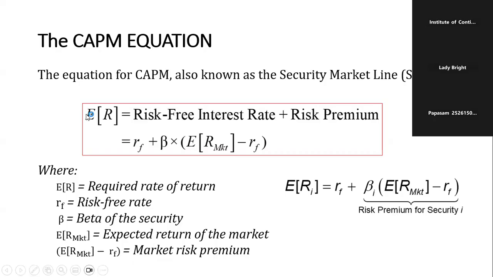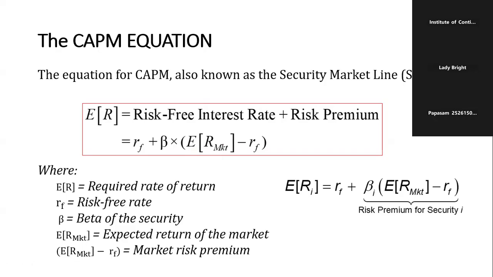Now, when you look at the formula written here, RF plus beta times E(R_MKT), the expected return from the market.